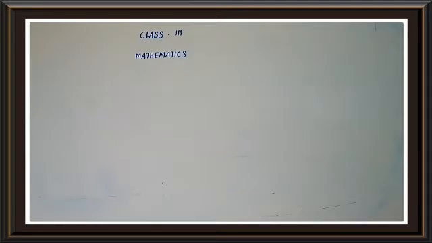Numbers have successors and predecessors. Successors are numbers that come just after the given number, but predecessors are numbers that come just before the given number.